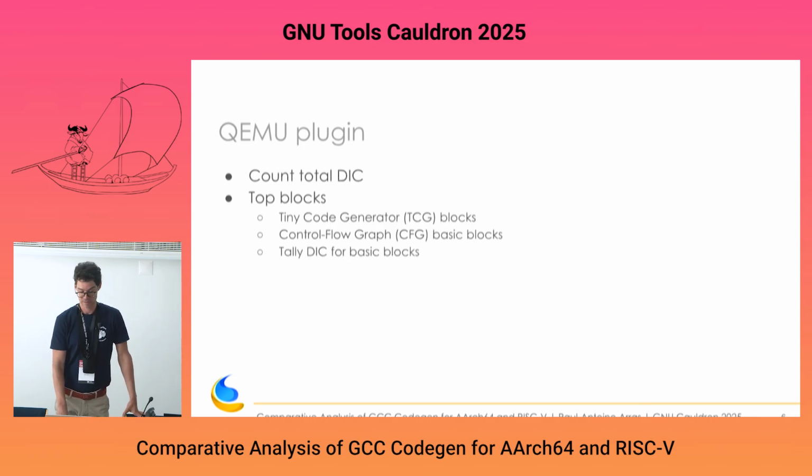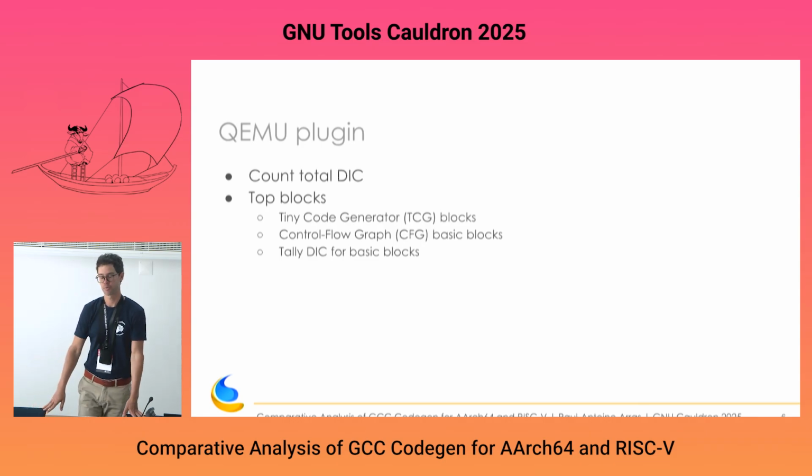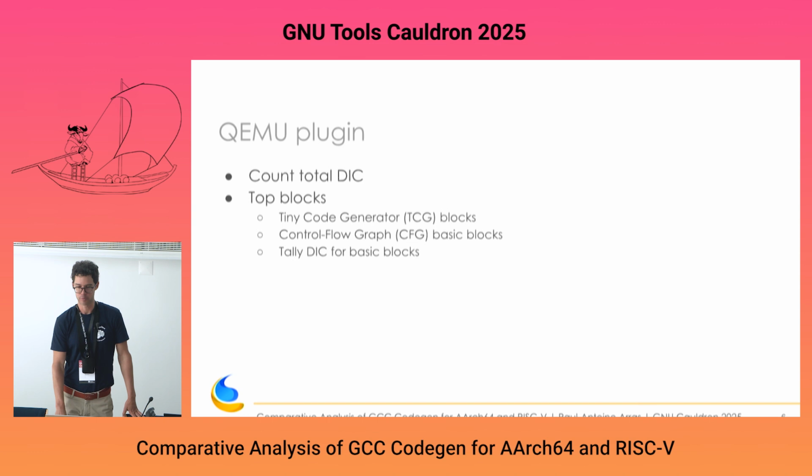So what the plugin does is that it helps map the TCG, as they call it, blocks from QEMU onto the basic blocks that we compiler engineers know. And with that, once we have the basic blocks, we can tally the dynamic instruction count for all of them, sort them by frequency so that we get the hottest spots first, and report all the top blocks.